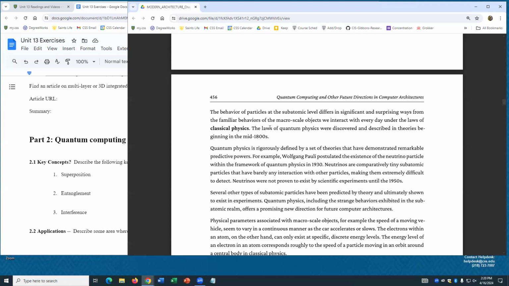So rather than an electron being a thing, like a particle, an electron is more described as a combination of waves, kind of a probability sphere or area.